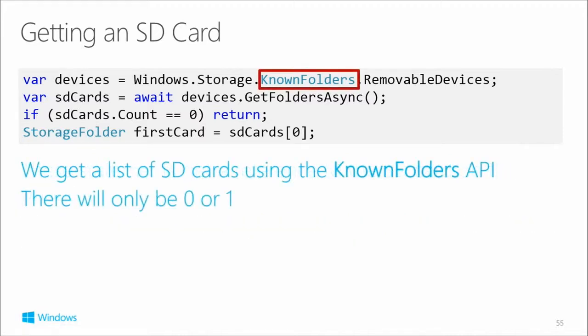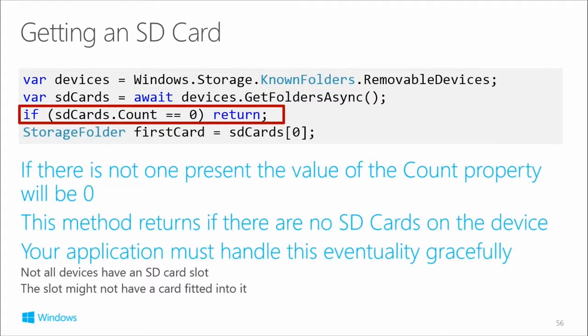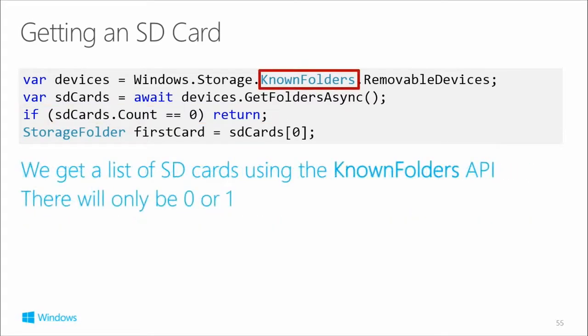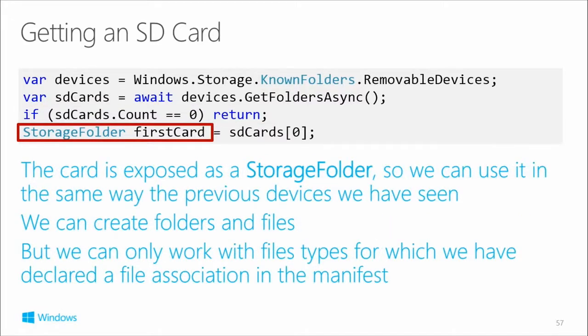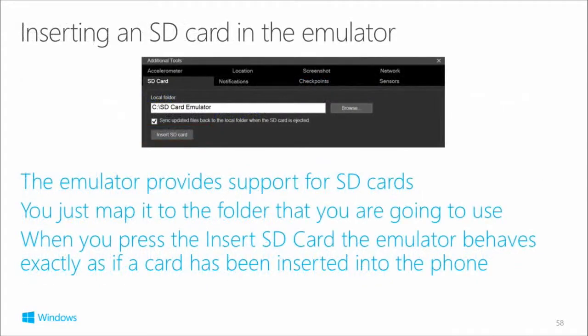There'll never be more than one, not on current hardware. It will only be one, or 0. And then we can just use it in any of the ways that we've seen before. We can use the stream, we can use the simple text write. It's just like any other device or any other folder that we write to.